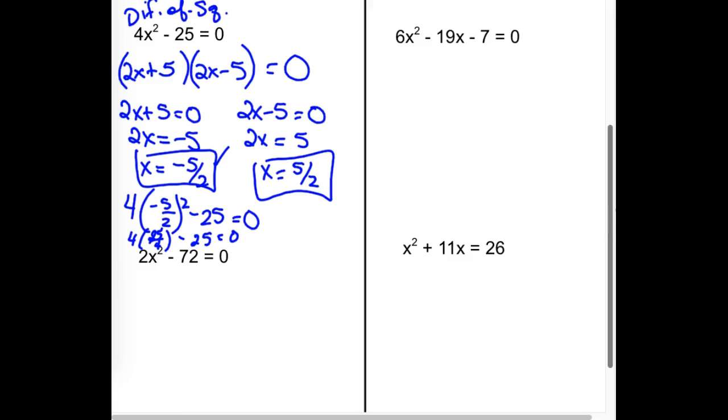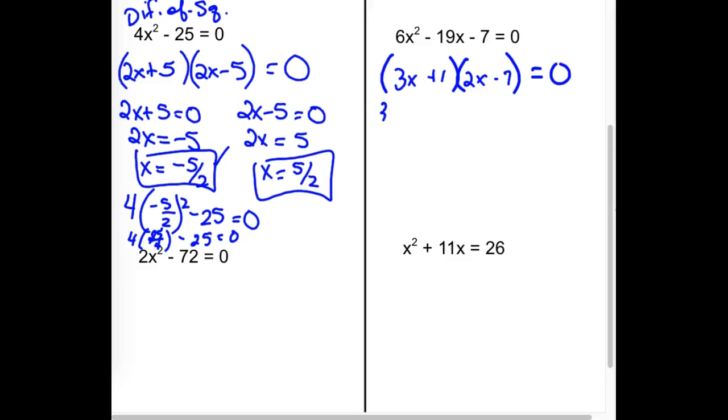All right, what factors did you get for this one? What did we come up with? Okay, the 3x and the 2x. The 3x plus 1 and minus 7. Are we okay with that? We agree?